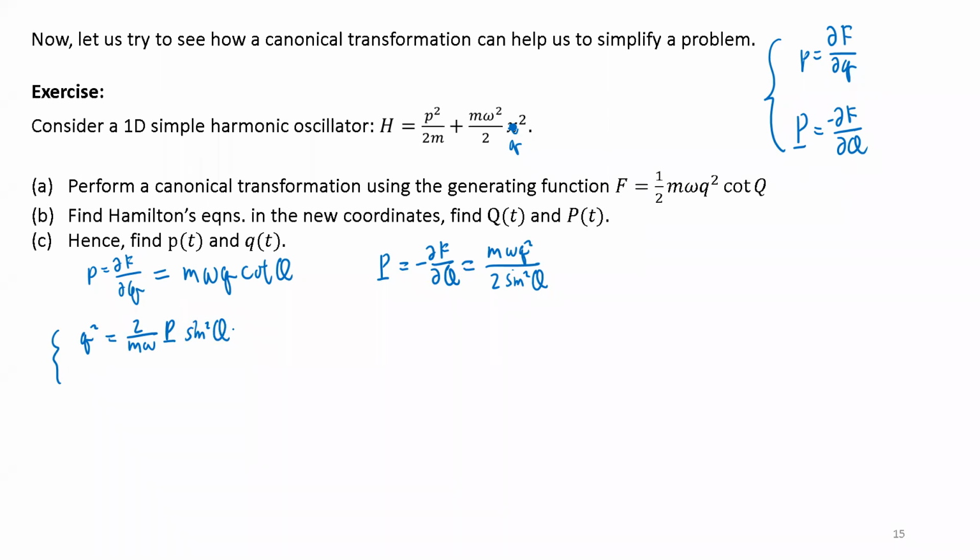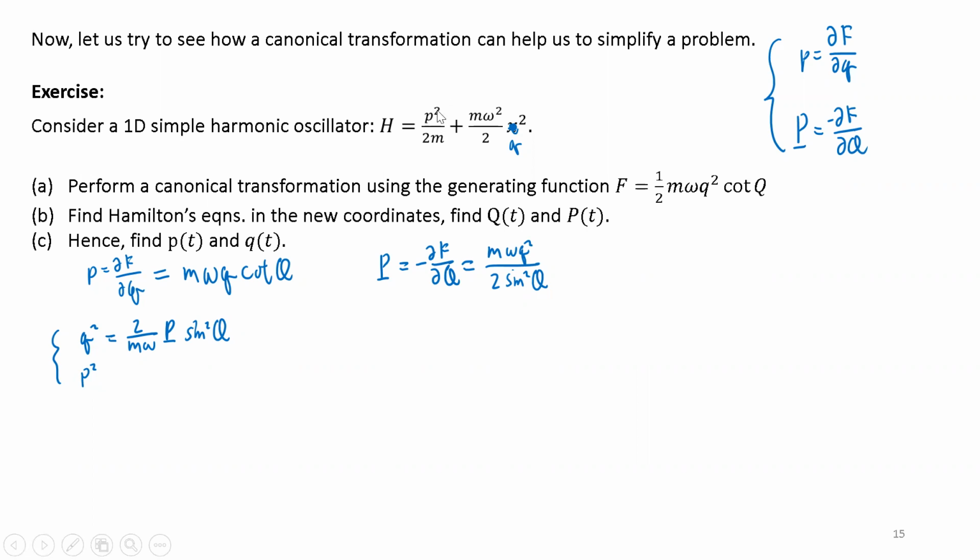Okay. So similarly, let me also write down the small p square, because I need the small p square.